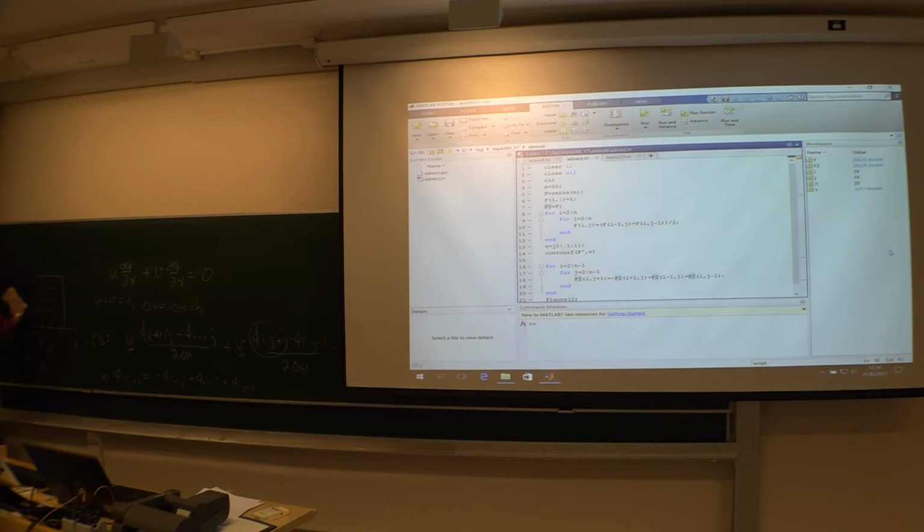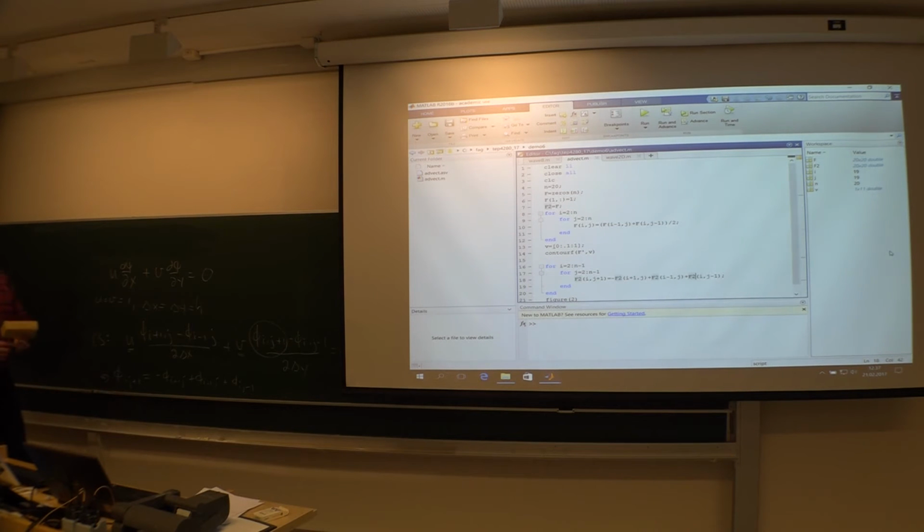I mean, you have seen this already in class. You have a scheme. Is the scheme consistent? What's the order of this scheme? Find the modified equation for it. That's a way to see what this scheme is actually doing, how well it performs.